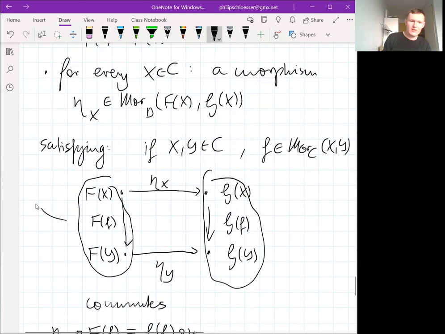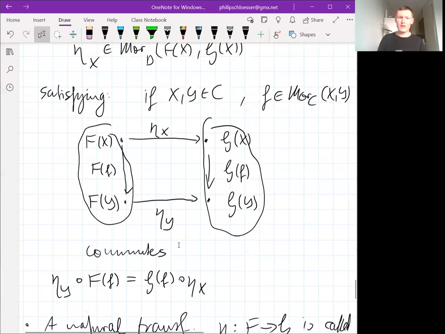Yeah, and what this now says is, we don't want just any collections of maps between F of x and G of x. We want them to be coherent. And that is achieved by this condition, by saying that whatever map I have between x and y, I want this diagram here to commute, meaning that it doesn't matter in which order I apply F of f or G of f, or I apply eta.